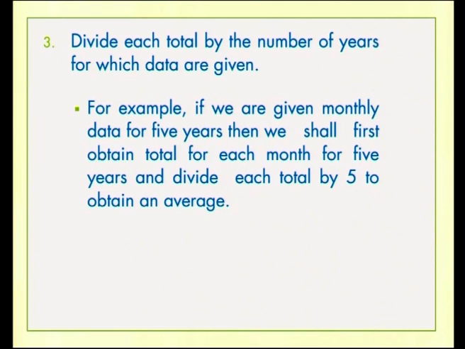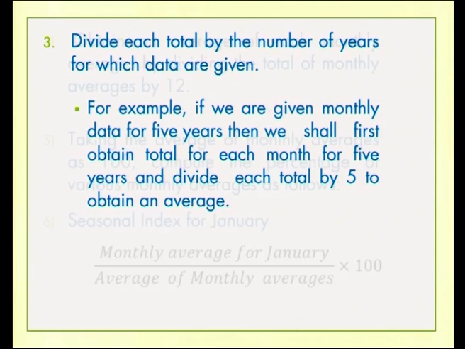Step 3. Divide each total by the number of years for which data are given. For example, if we are given monthly data for 5 years, then we shall first obtain the total for each month for 5 years and divide each total by 5 to obtain an average, that is the monthly average.